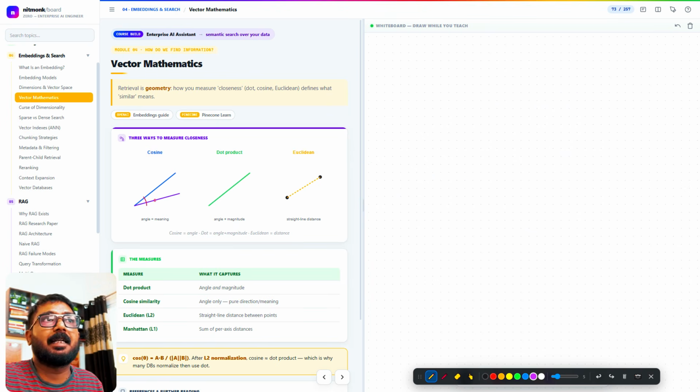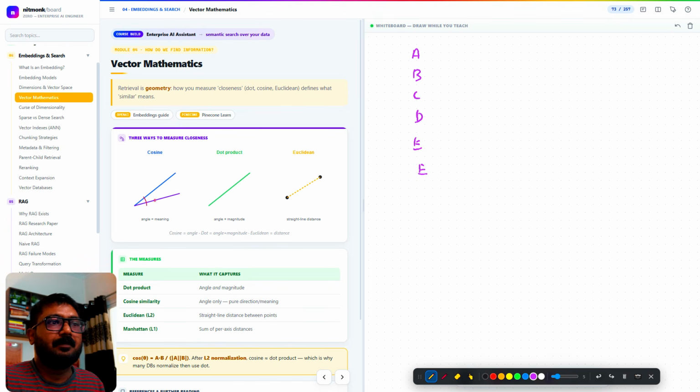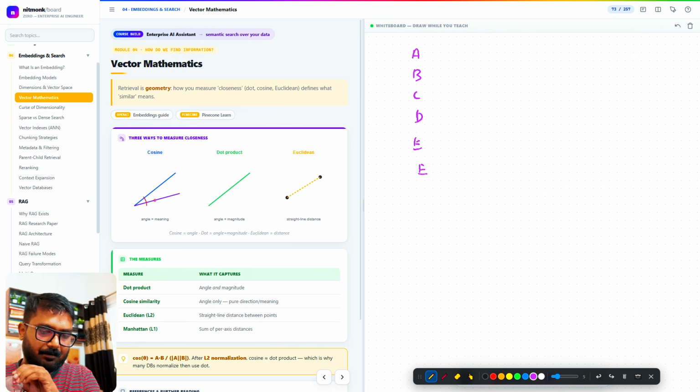Once we calculate the similarity across different words, let's say there are words A, B, C, D, E, and F, and you create similarity between all these different words, then you get a score.